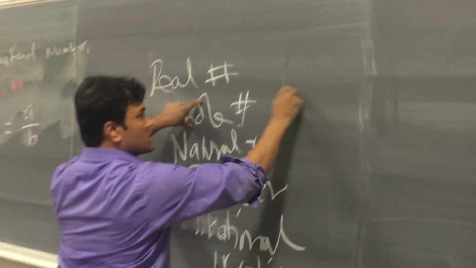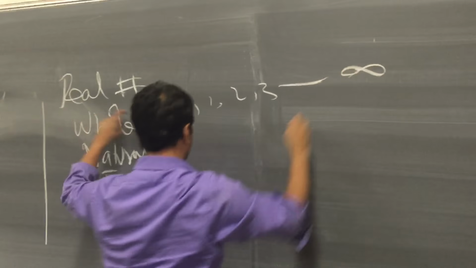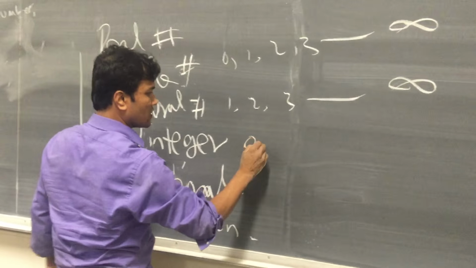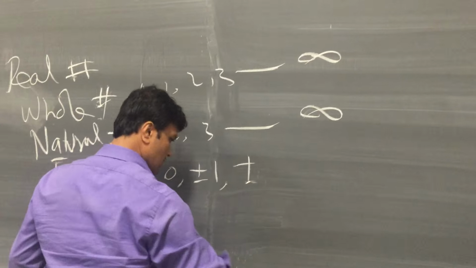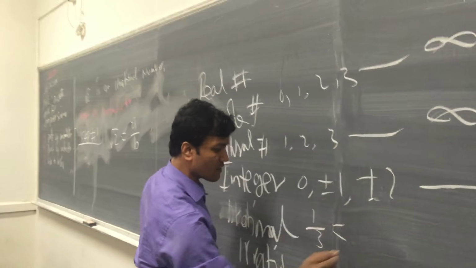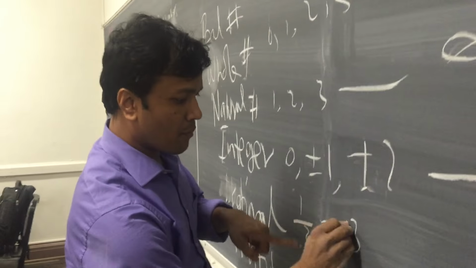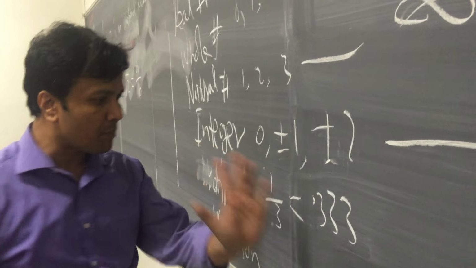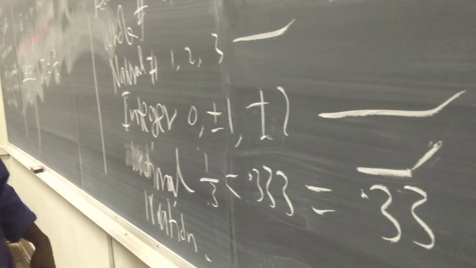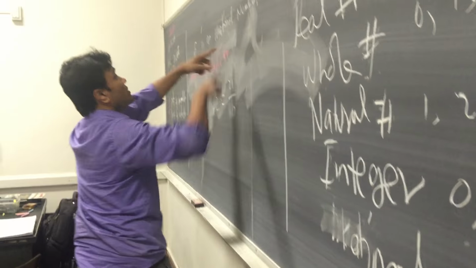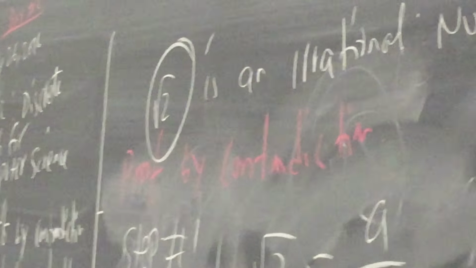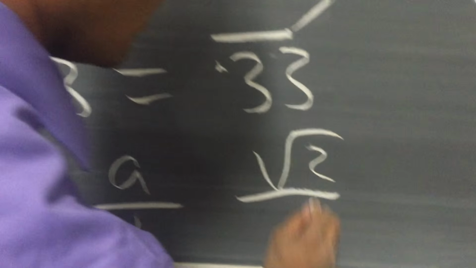The whole numbers are 0, 1, 2, 3, all the way to infinity. Integers are 0, plus minus 1, plus minus 2, all the way to infinity. A rational number is, for example, 1 over 3, which is a over b. It is 0.333 repeating, so instead of writing 0.333 forever, we just put a hat. And the square root of 2 can also be written as a over b: square root of 2 over 1.